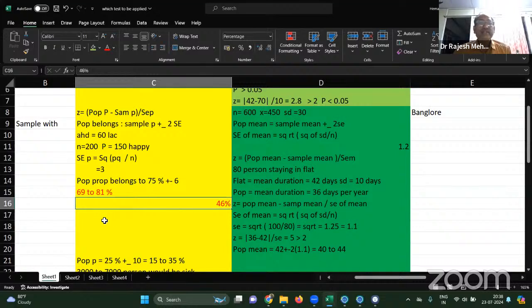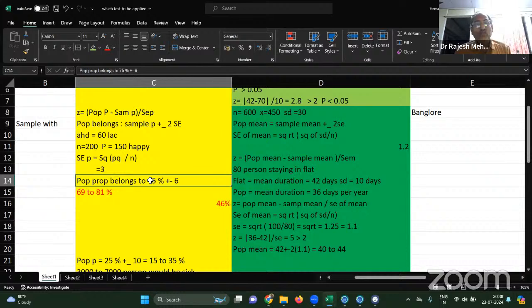The answer is that if 46% is the population proportion of happy people, your sample says 69 to 81%, and in your sample it was 75%. So you can very well say that the sample taken in Ahmedabad was not a representative sample. It was taken from relatively happier people like you people. So we can say that the sample was not representative.